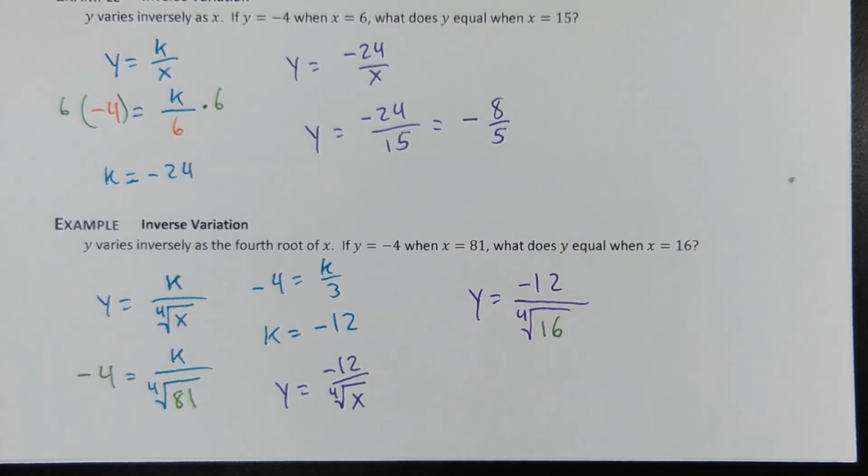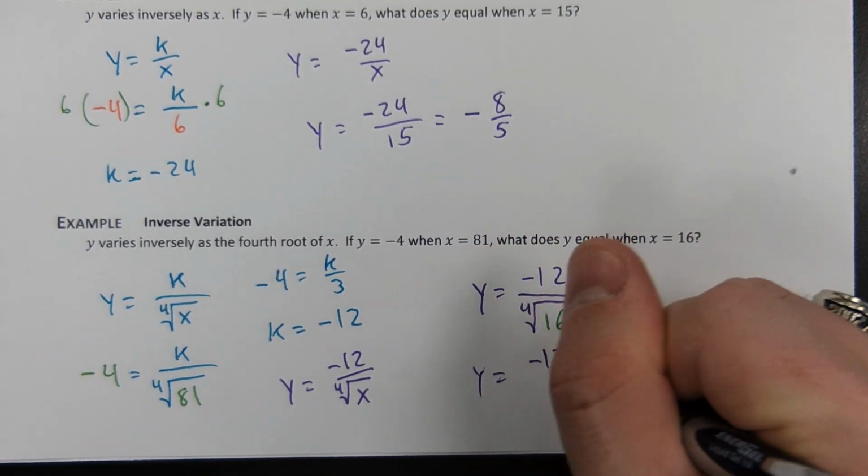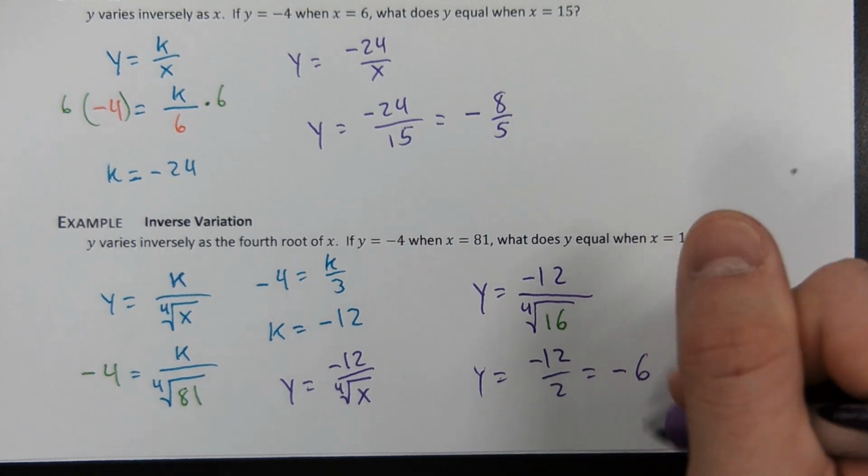What was the fourth root of 16? It is 2. Remember, the fourth root is the same thing as saying the square root of the square root, because they're multipliers. The root types, just like exponents, when you have a power to power, you multiply. When you have roots of roots, you multiply. So this is 2. We have y equals -12 over 2, which is clearly -6.